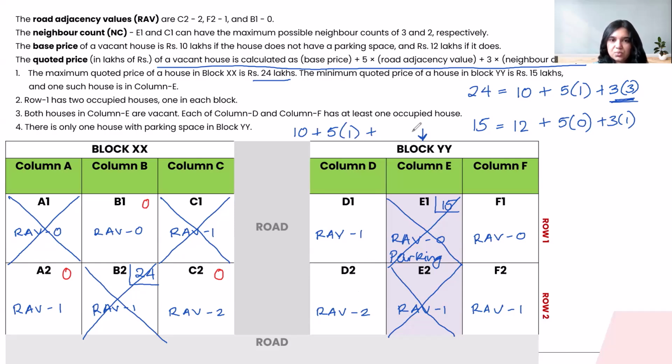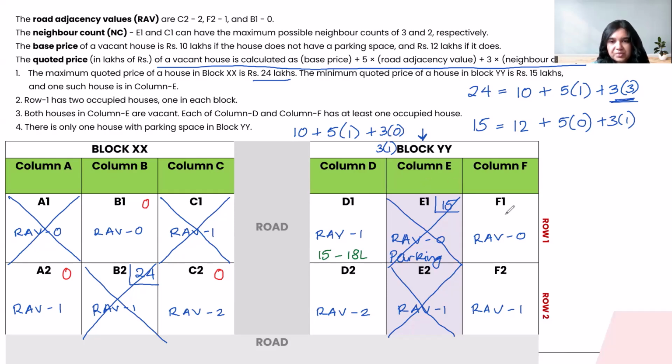So considering that, what is the range of values that D1 could be priced at? I can either have 3 times 0 or 3 times 1, in which case my range for D1 goes to 15 or 15 plus 3, which is 18. So D1 can be priced at anything between 15 lakhs to 18 lakhs.